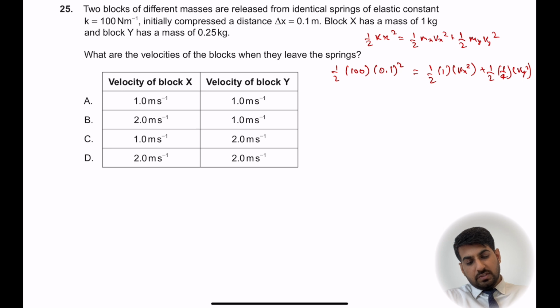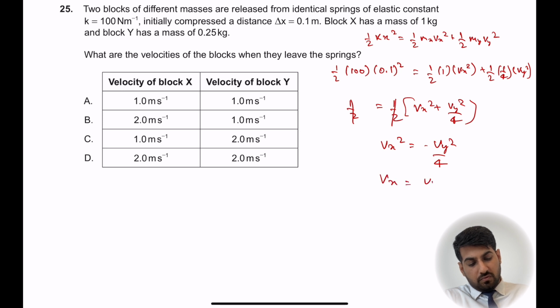So if you solve this, this will be 1 by 2 common, vx square plus vy square by 4. Half and half get cancelled. So I can say vx square is equal to vy square by 4, or vx is equal to vy by 2.